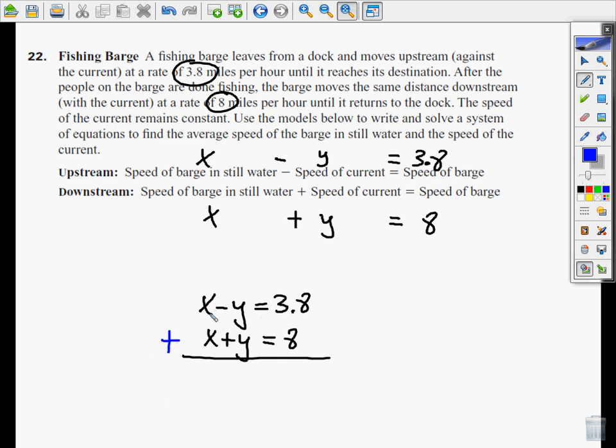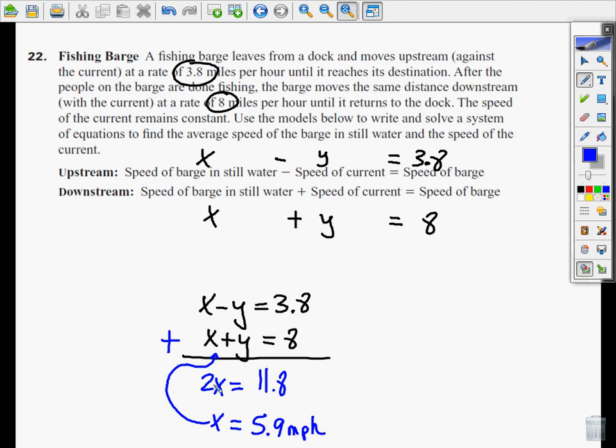So I'm going to add: x plus x is 2x. The y's drop. 3.8 plus 8 is 11.8. Now you just divide by 2 and you get 5.9 miles per hour. So that's the speed of the barge in still water, 5.9 miles per hour. Now I will put this back into either equation.